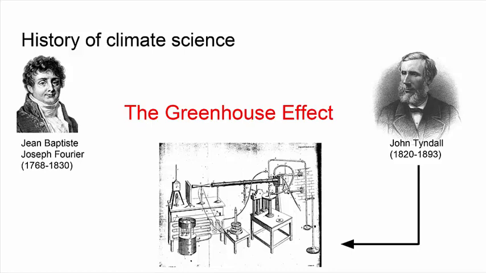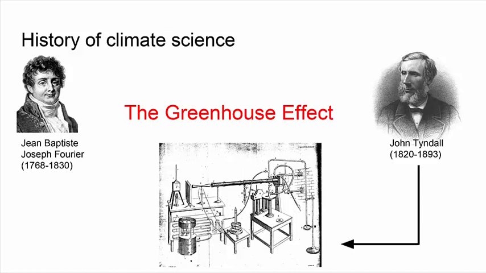But this was actually first known in the late 1700s by John Fourier, and he first understood what was going on, that some of these gases would absorb it and re-emit it, so they'd get warmer. But it wasn't first quantified until John Tyndall in the mid-1800s, where he built an apparatus.